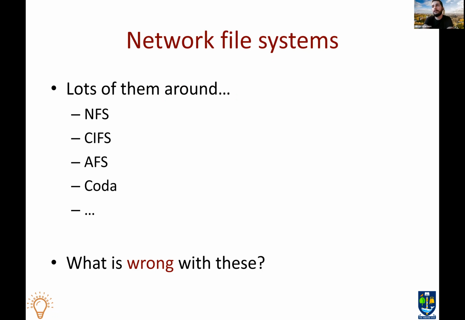A couple of questions, I'll get to them in a minute. Similarly, for CIFS, AFS, CODA, all of these file systems are designed for a different use case. And for many of these file systems, fault tolerance and scaling was not even part of the blueprint. For NFS, for example, if your server exports some directories as an NFS drive, and someone else mounts it, and your server dies, the data is gone.